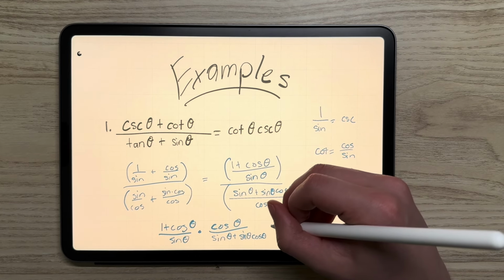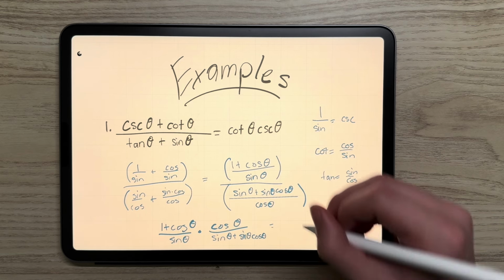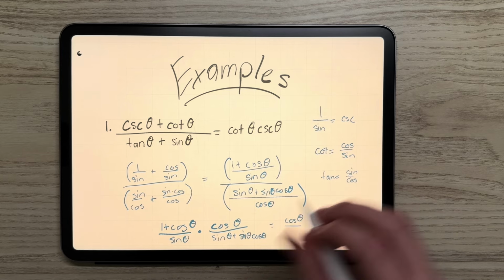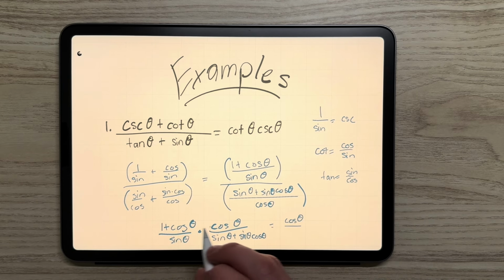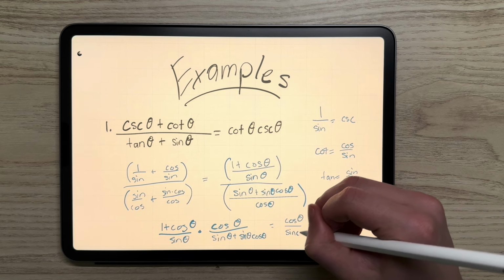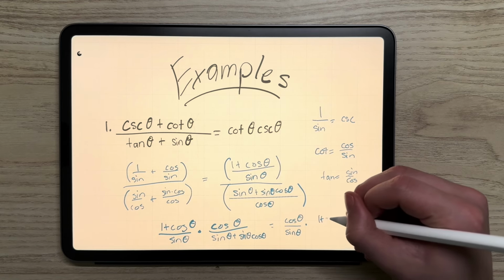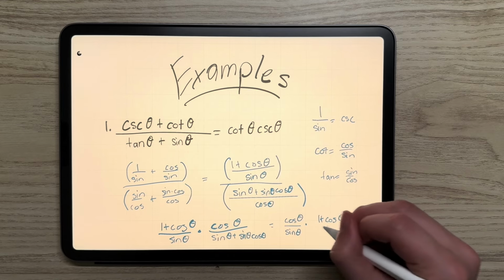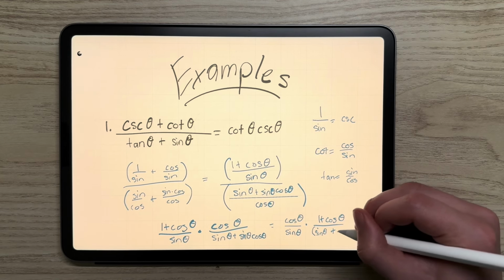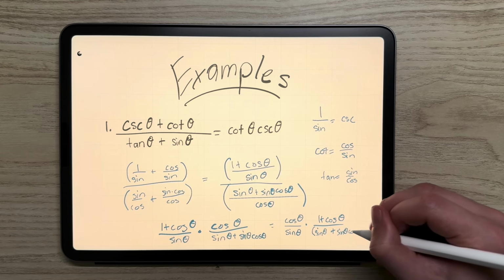So now we have cosine theta. We can just move this around because we're all multiplying and dividing here. We have cosine over sine theta times 1 plus cosine theta over sine theta plus sine theta cosine theta.